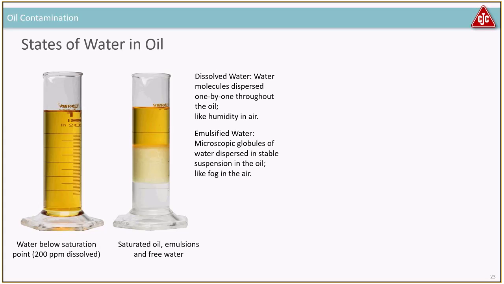You probably all know emulsified engine oil, as it looks like mayonnaise or caramel sauce. And if I add more water, then I'll have free water coming out. But that is not the same for every oil type. Turbine oil will typically go directly from the dissolved state to free water. It will not create any emulsions. And many gear oils will not either. While if you have engine oil, it will not create free water unless you go to something like 30% water.